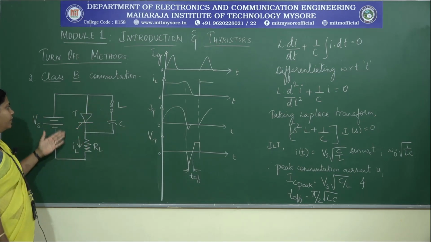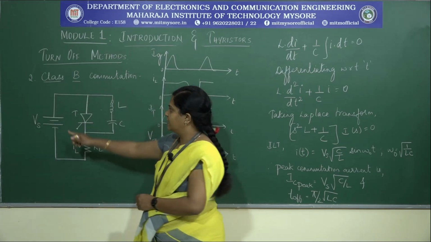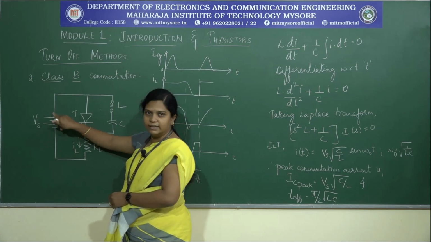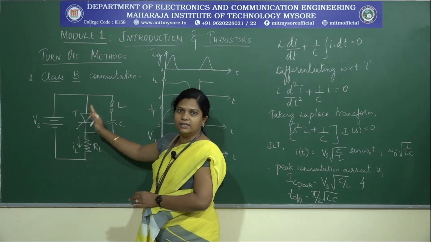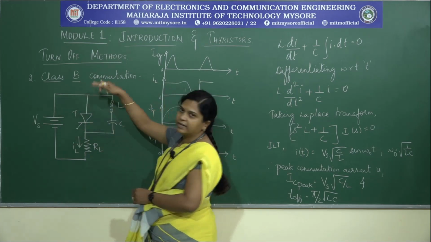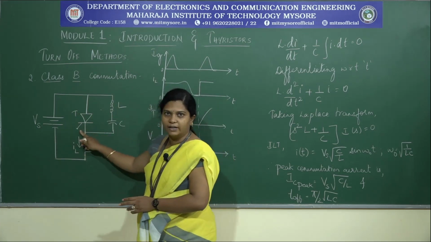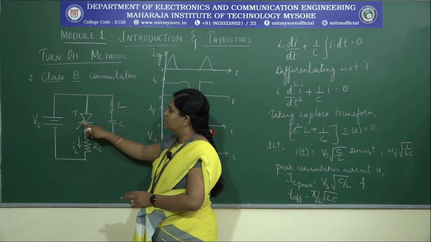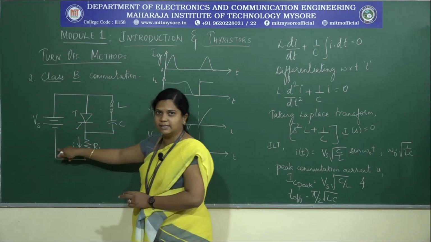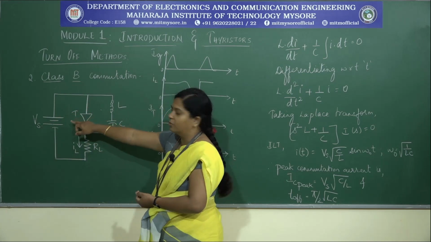Since the voltage supply is a DC source, once the thyristor is connected to the DC supply, the thyristor will constantly be in its on state, provided we have supplied the gate triggering. Once the gate triggering is supplied and the thyristor is connected in a DC supply, it will always be constantly in its operating mode.